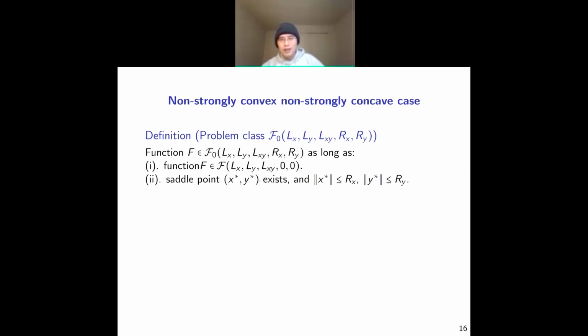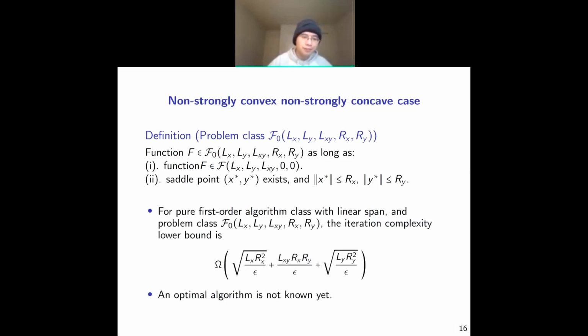So the saddle point does not exist. So in this case, we will have to assume the saddle point exists, and they are bounded by this Rx and Ry. So if your minimax problem satisfies all these properties, then we say it belongs to this function class or problem class. Yeah, both are okay.